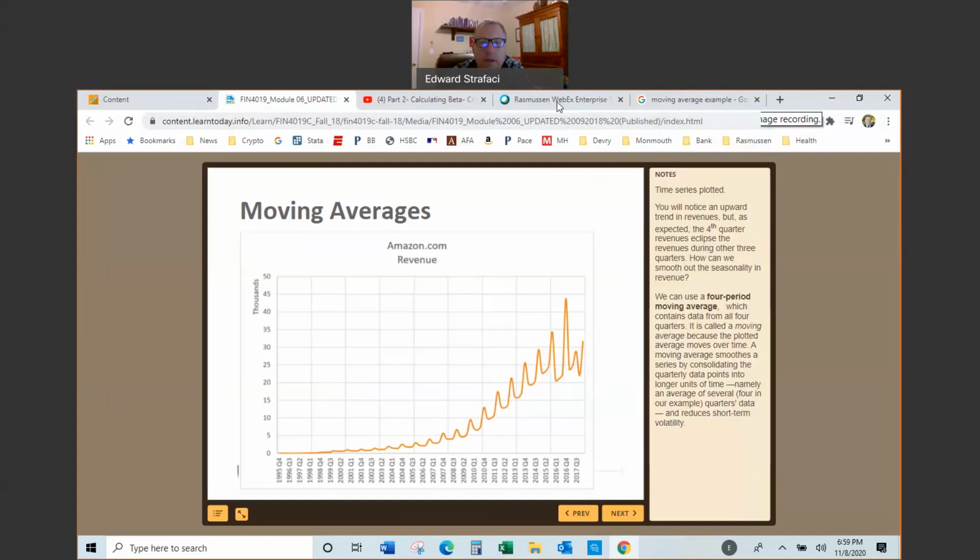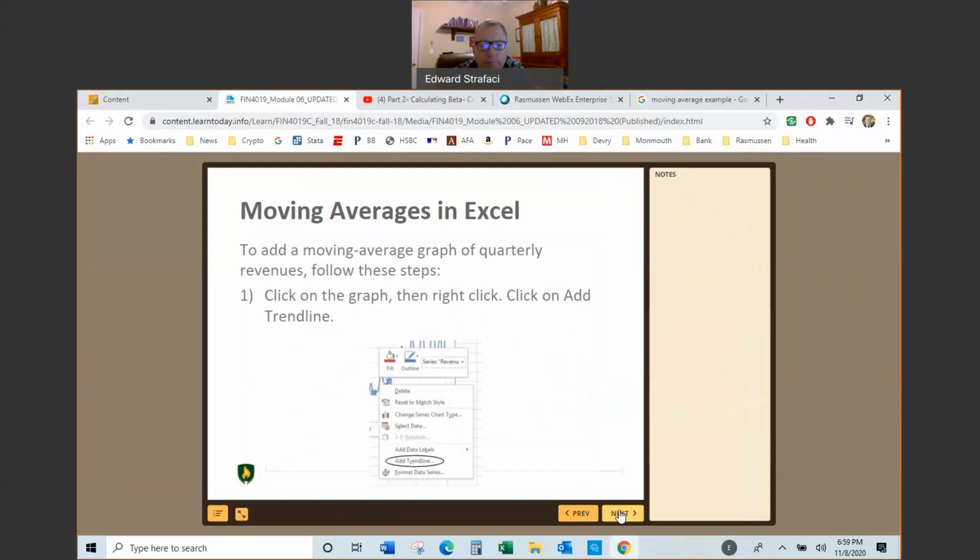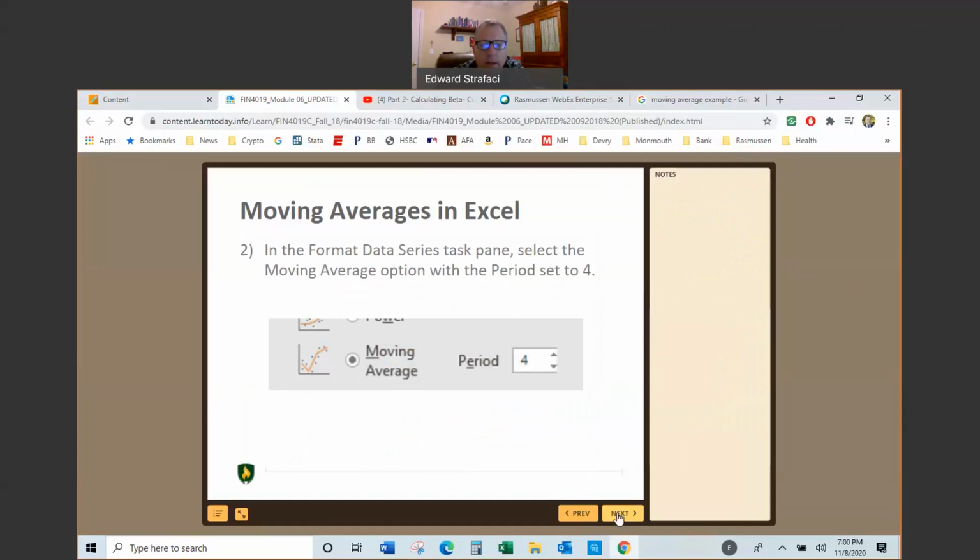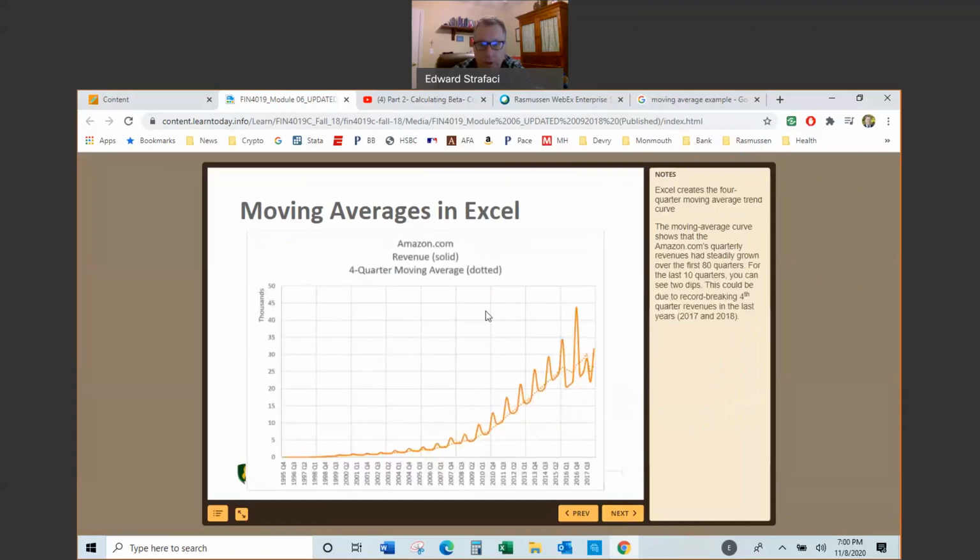So you get an idea of one of the devices Wall Street uses to take a look at a stock's earnings. To add a moving average graph of quarterly revenues, we click on the graph, then right-click and add the trend line. Okay, then you add the trend line. And by adding a trend line and putting the number of periods, you're going to get this moving average.